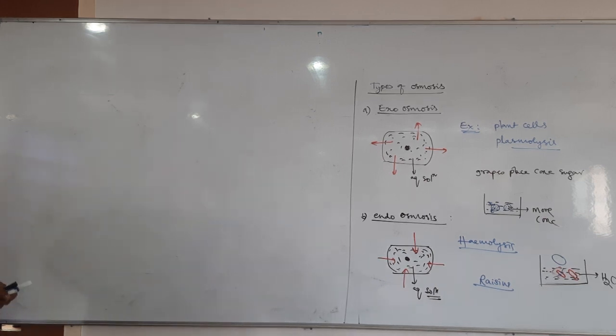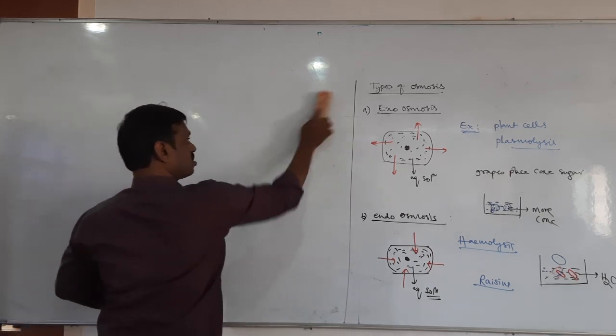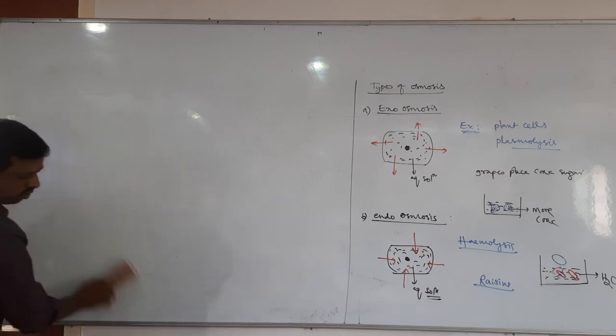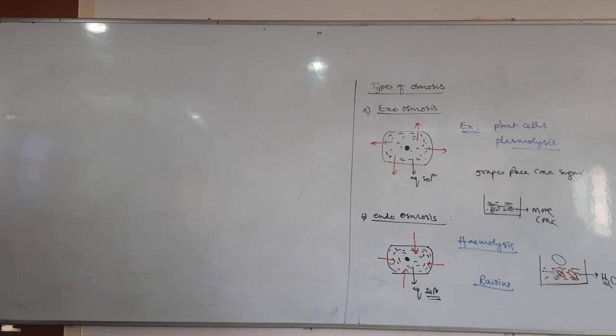Which is called hemolysis. Due to hemolysis, plant cells will swell.